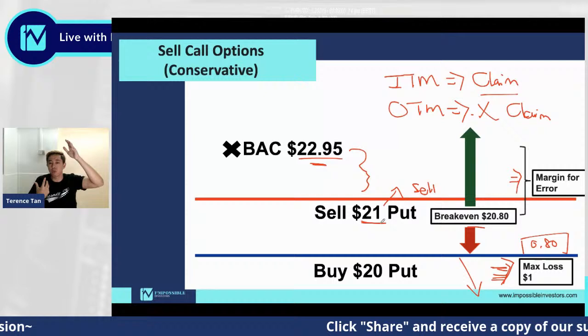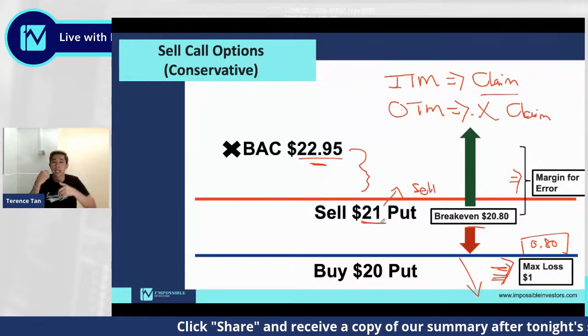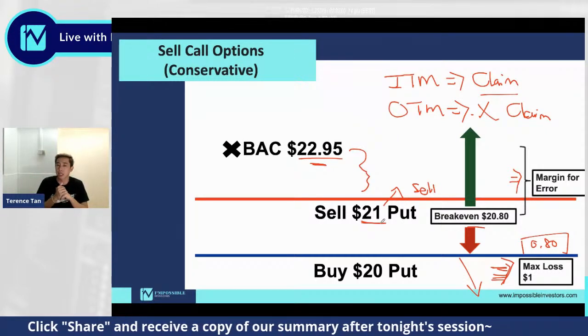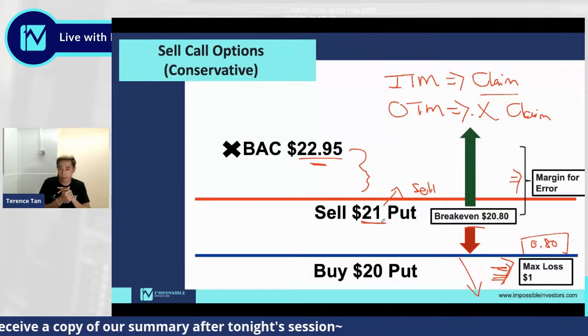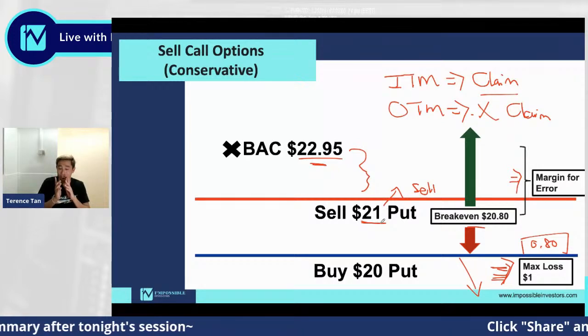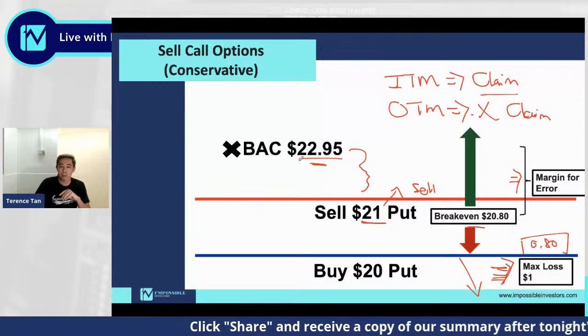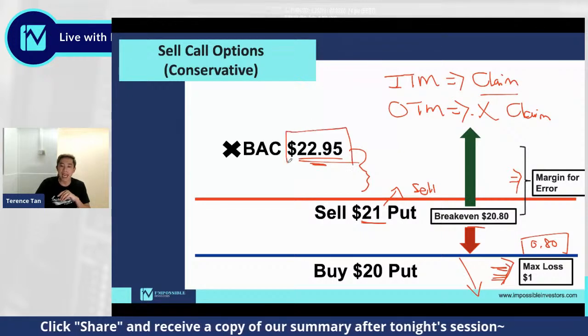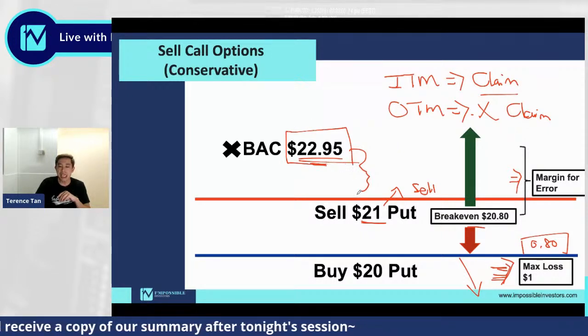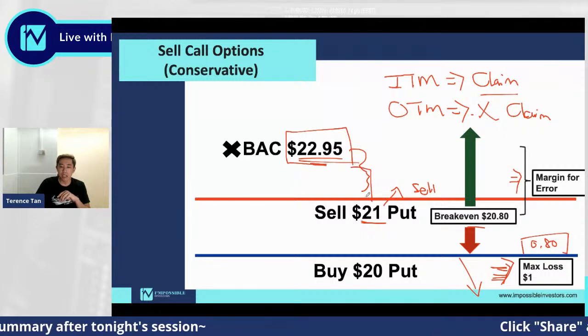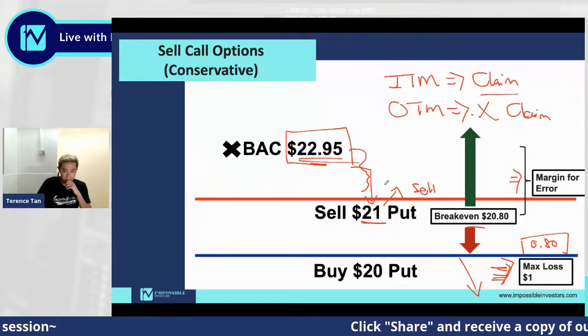So will you do that? Will you buy a share for $22.95 and then turn around and sell it to me for $21? Wing Kai, think about it again. I just asked the question: would you pay $22.95 to buy a share and then immediately sell it to someone else for $21?